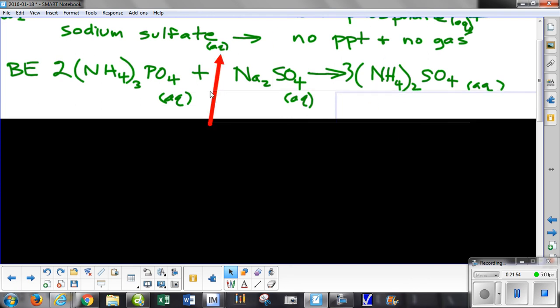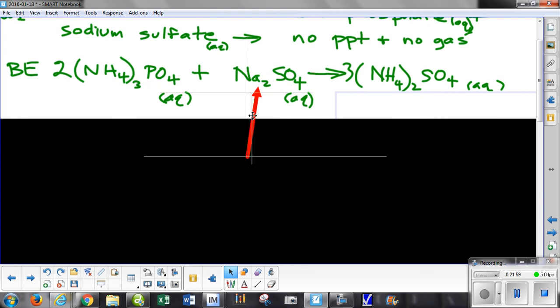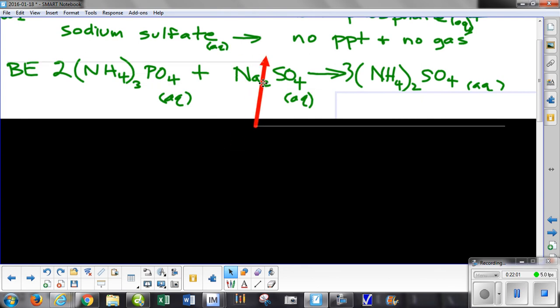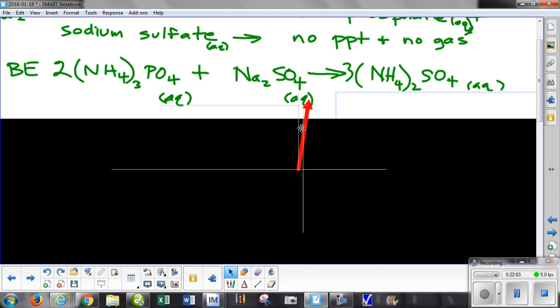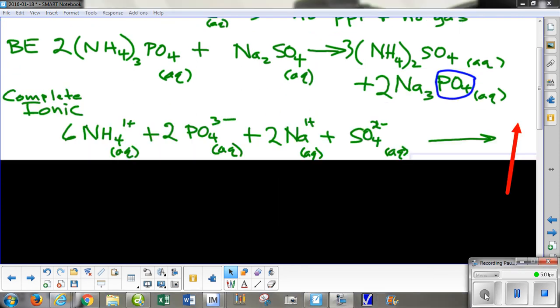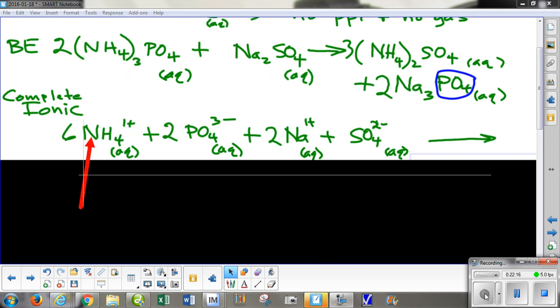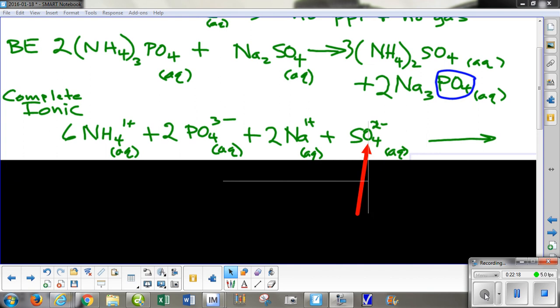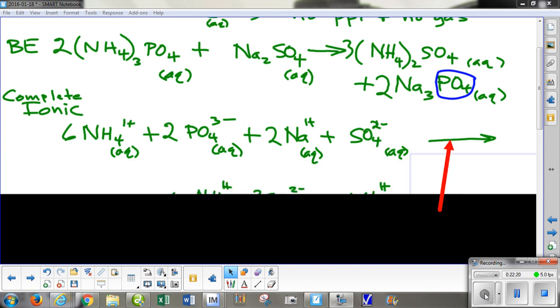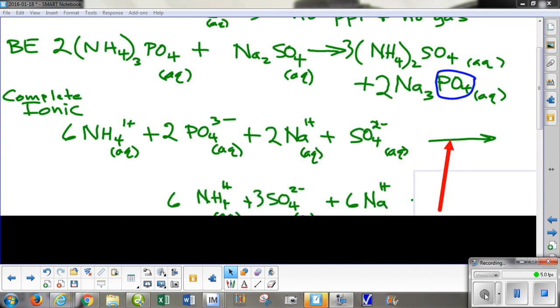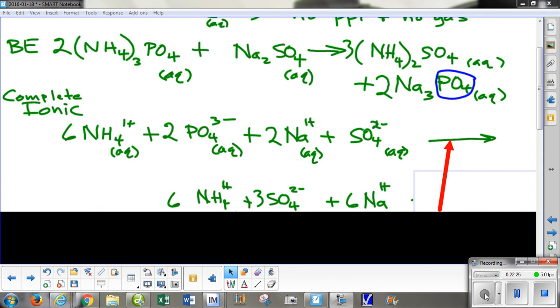And then we have this one in balance because sodium's a 1 plus and sulfate is a 2 minus. When I stopped, I let my class go, and I'm not sure exactly where I left off. But what we were doing is taking these apart and making these. And we're going to go down from here to get the right side of this complete ionic equation.